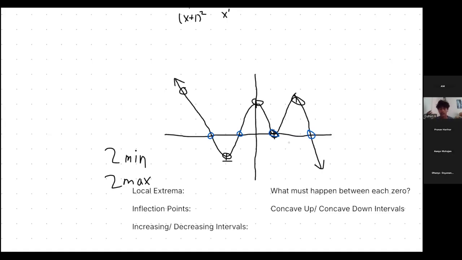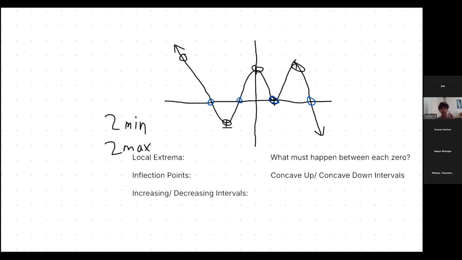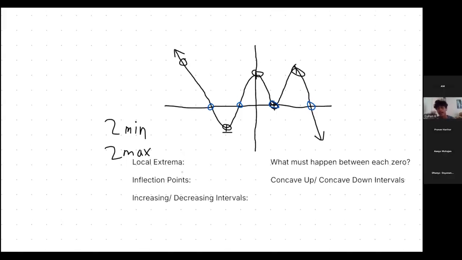Do I have one less extrema than the zeros? Or actually, no, it can at max be the number of zeros, because here there's actually four extremas because this zero is also an extrema.